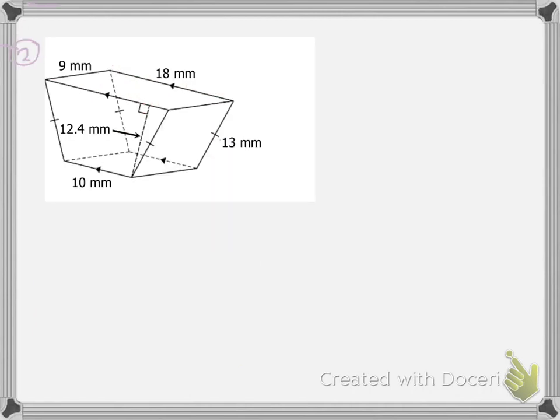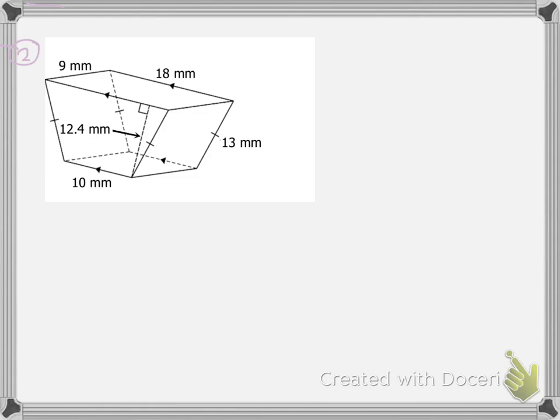Okay, let's look at another one here. So the height between bases, what you're looking for is a base that's the same. It's not always going to be at the bottom.